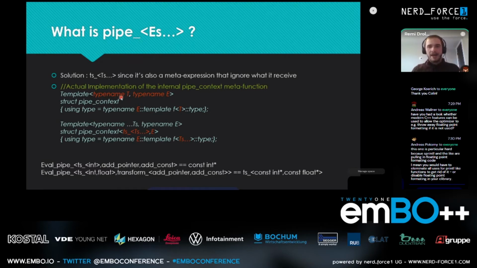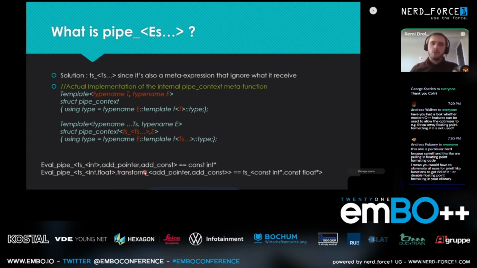So I can now use variadic meta expressions because I'm only folding them to get a result. And so I can finally have variadic meta expressions. So TS of int and pointer, static assert is same as const int pointer. And if I have a special meta function that I name, very originally, transform, TS of int float that I send to transform.